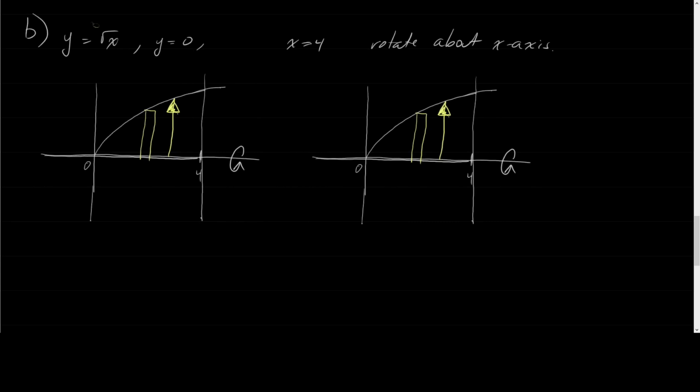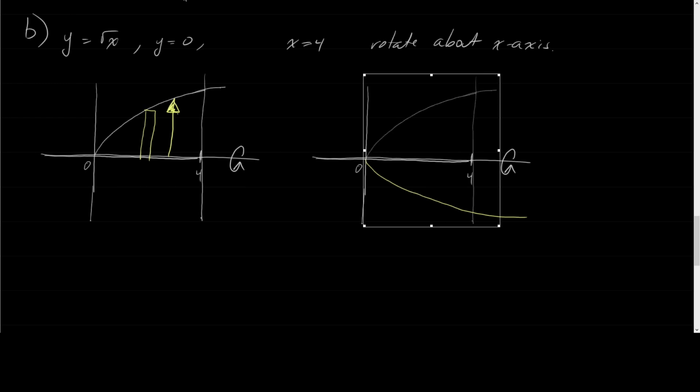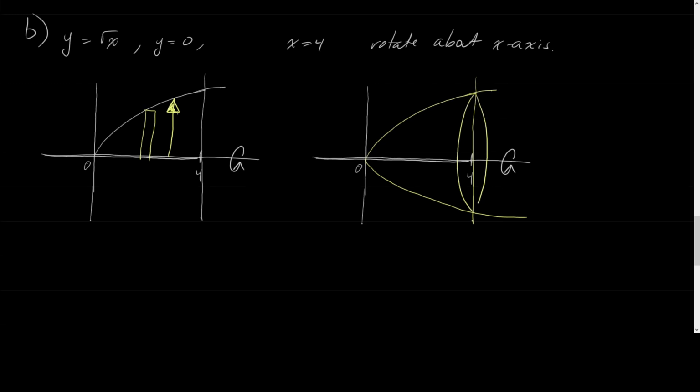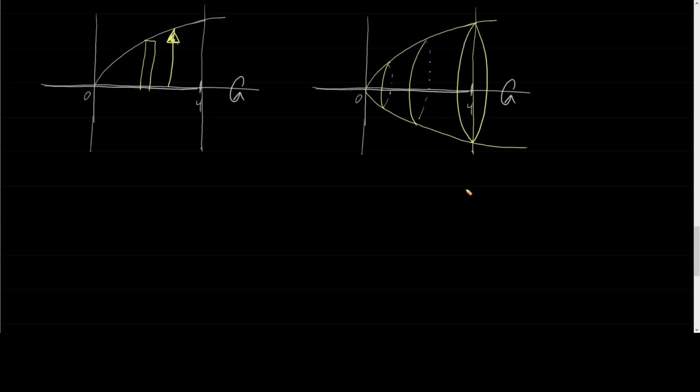So we're going to get a shape that looks something like this, right? And when we rotate this, well, what do we end up with? Something like this, right? With a whole bunch of disks there. So what is that going to do for us?